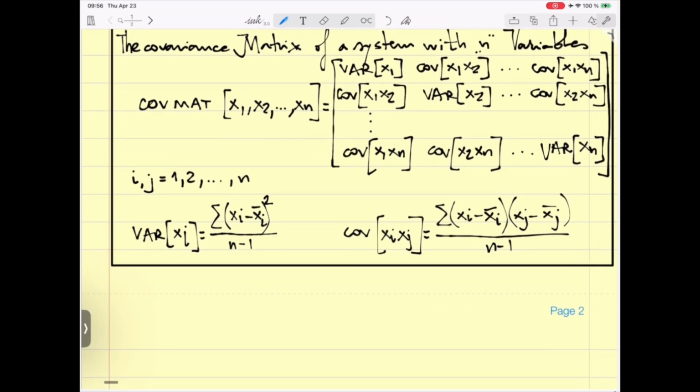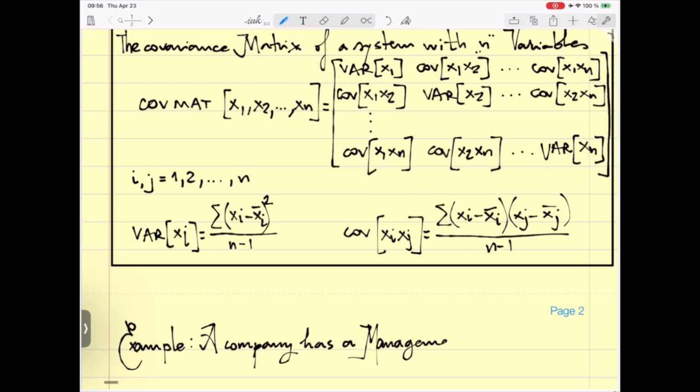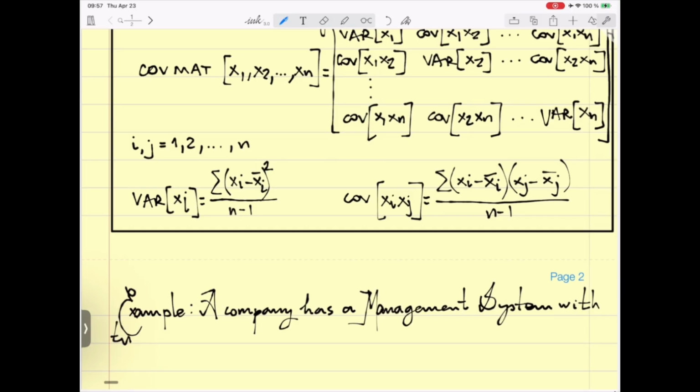So first thing, let's make an example to calculate the covariance matrix. So a company has a management system with two KPIs.